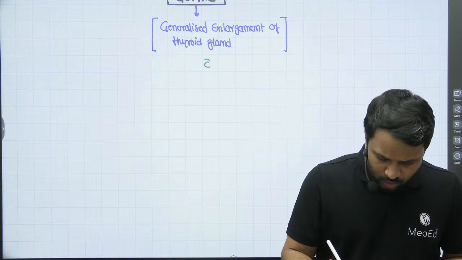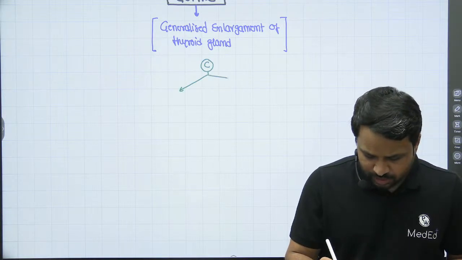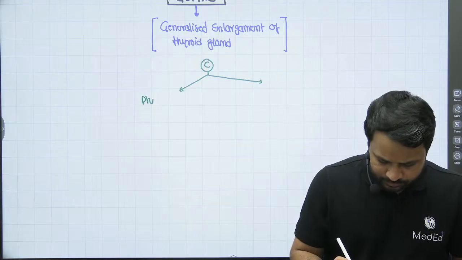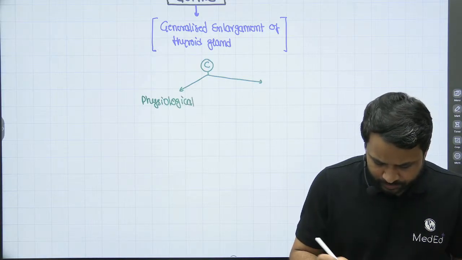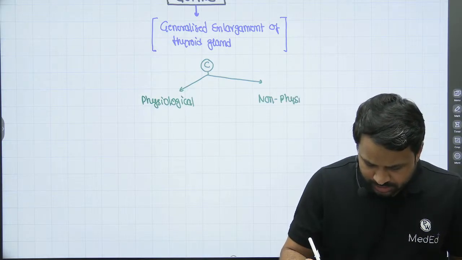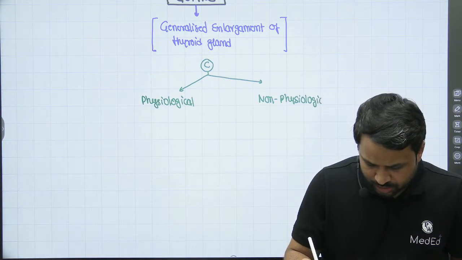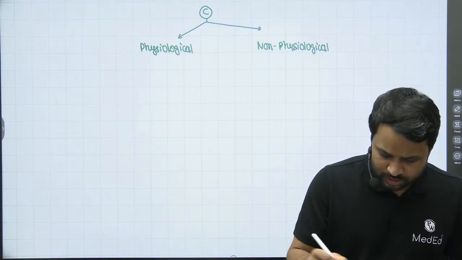I can divide the causes for goiter into two categories: a physiological goiter and a non-physiological goiter. So causes that result in a physiological goiter and causes that sustain as a non-physiological goiter.